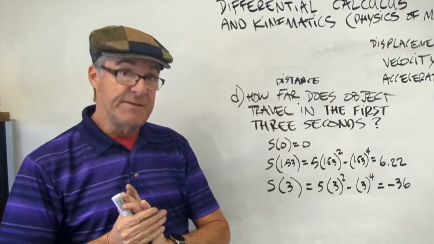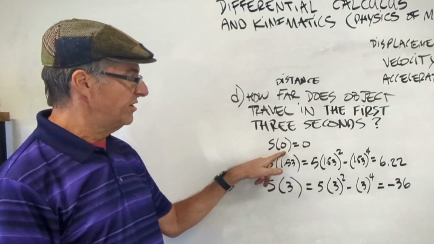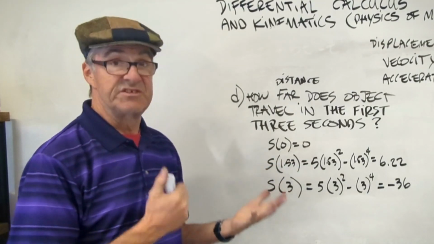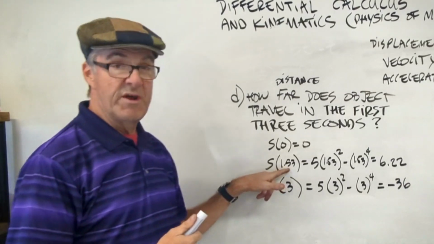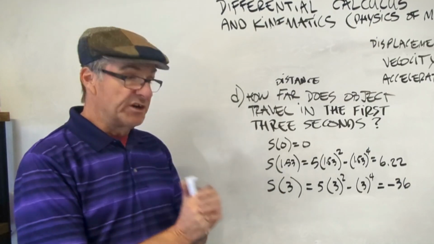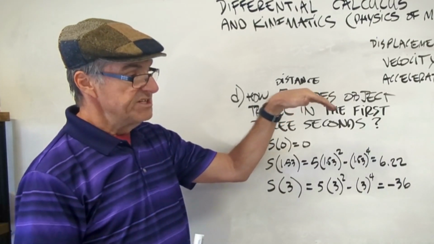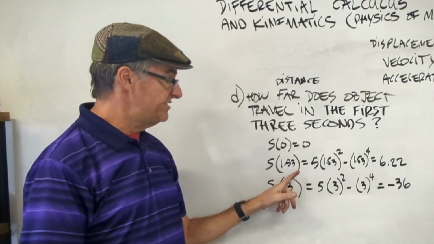So the 3 key points we need are, we need the starting time, t equals 0, and that's just 0. So our displacement at 0 seconds is just 0 meters. Now, the second one we need is 1.53. This is where the object is at rest after it's been increasing velocity for a while and then finally decreasing velocity until it hits that point where the velocity is 0, it's at rest.